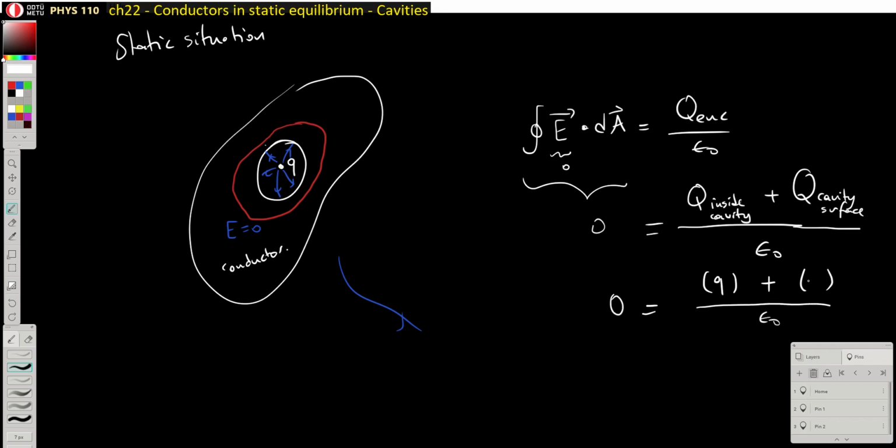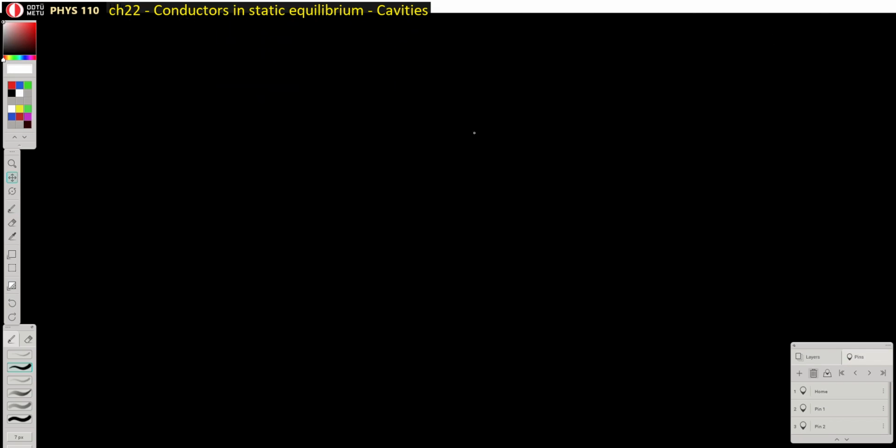Because the left-hand side is equal to zero, there has to be some charge collected here, and that charge should be negative, so minus Q. There should be charge collected at the surface of the cavity so that we get zero. Just keep in mind that this is for ensuring that the electric field is zero inside the conductor.